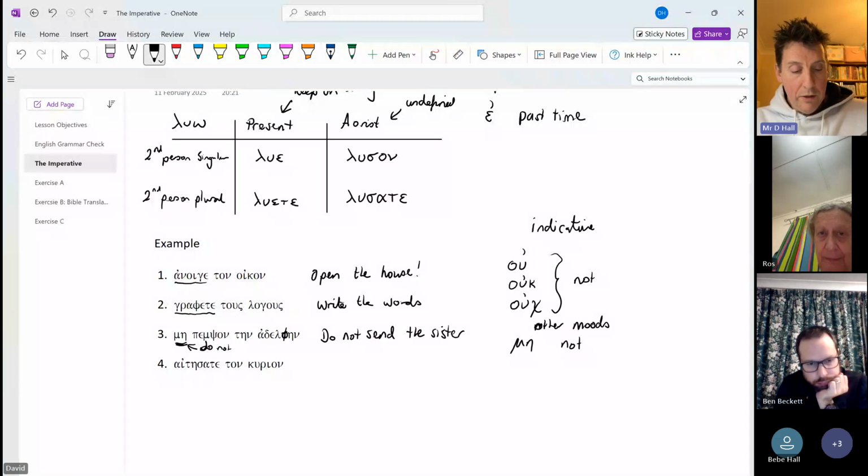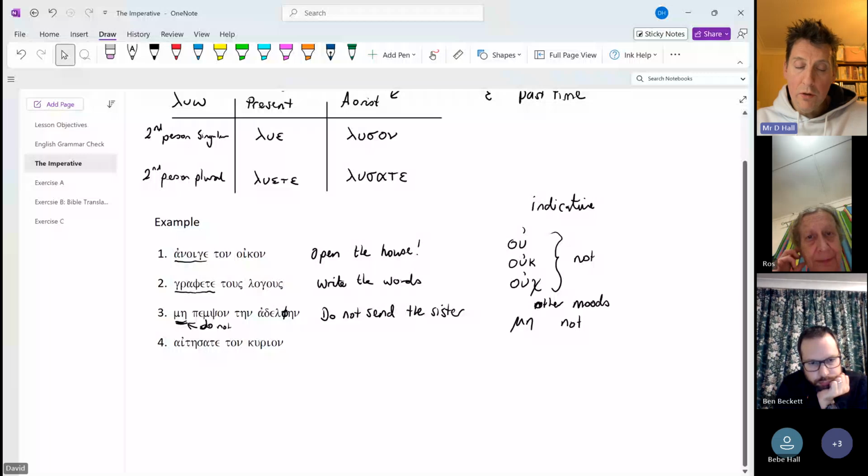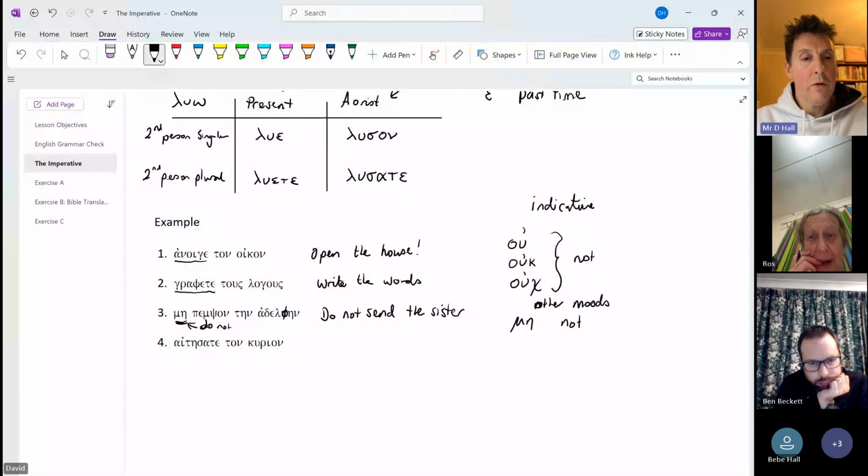And then just finally, which is the fourth one here, etesate ton kyrion. So this is the verb to ask, and it's one of the epsilon omega verbs. So they have the same kind of ending when it's in the aorist as we talked about before.